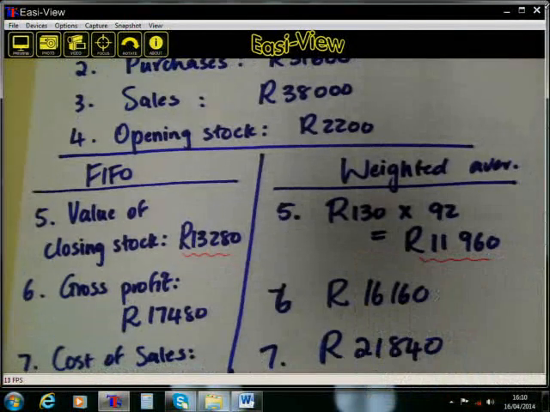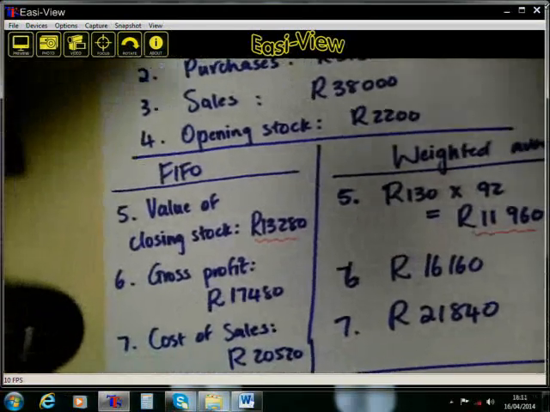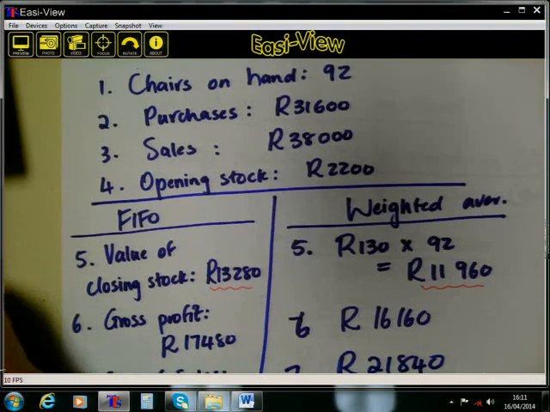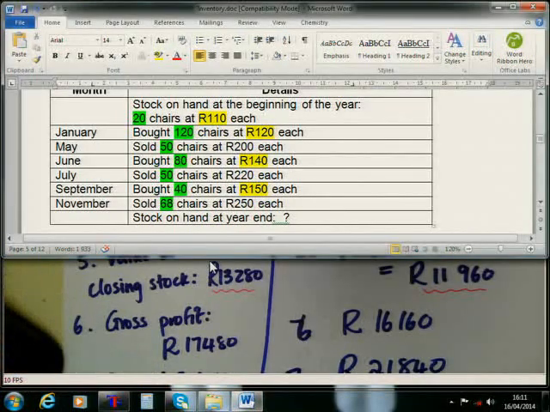I want you to concentrate on this piece of paper. With the same information, we calculated the shares on hand, the purchases, the sales, and the opening stock, with this information and only this information.